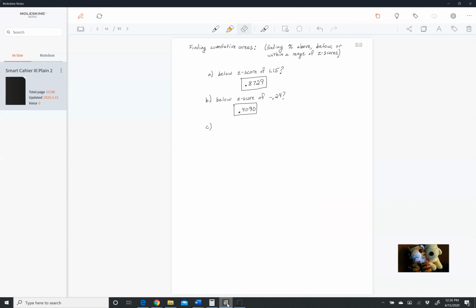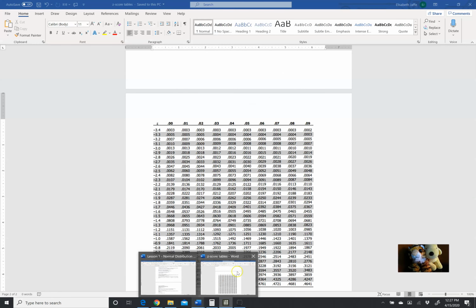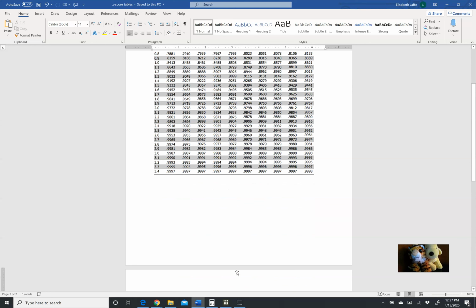Let's do above a z-score of 2.19. So here, again, we go to our table and we're going to the positive.